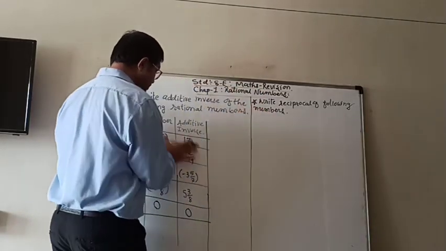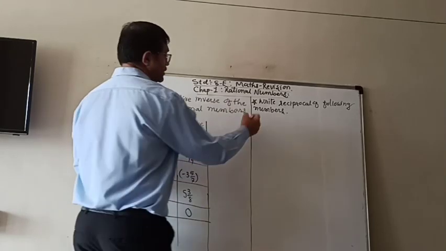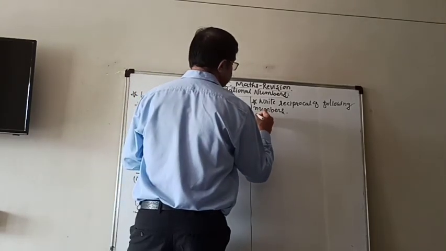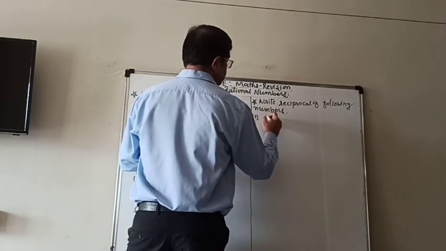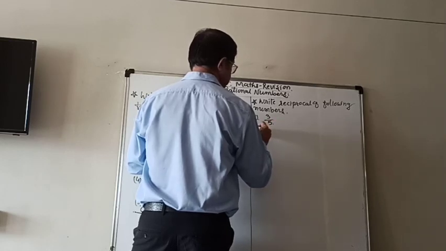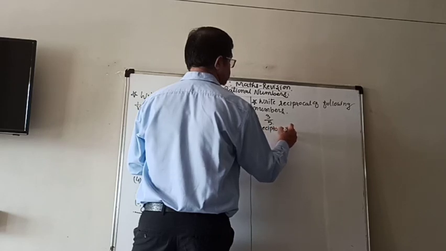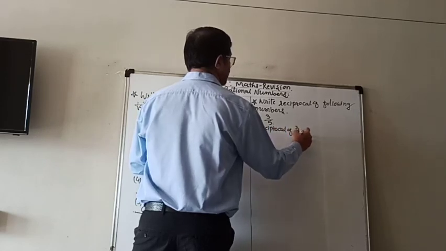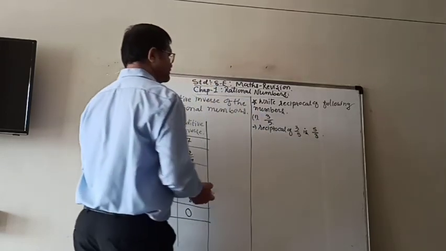So here I am not going to do like that because sometimes there could be a problem in changing it first. So now the 3 upon 5, right? The reciprocal of 3 upon 5 is 5 upon 3.